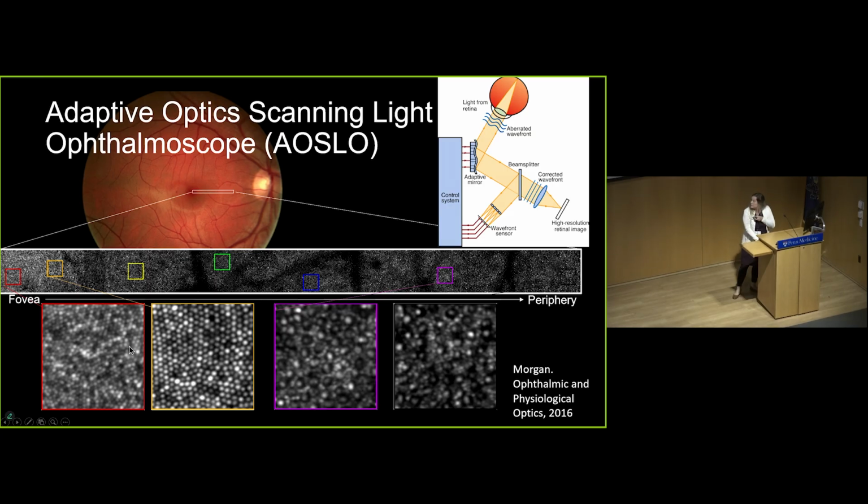So when we've zoomed in here, this image is of the very center of the fovea, where each individual bright spot is an individual cone photoreceptor in the living eye. And as we move out, in this case, to the nasal retina, you see that the cones enlarge, and then they become interspersed with the rods, which are these smaller cells in between.